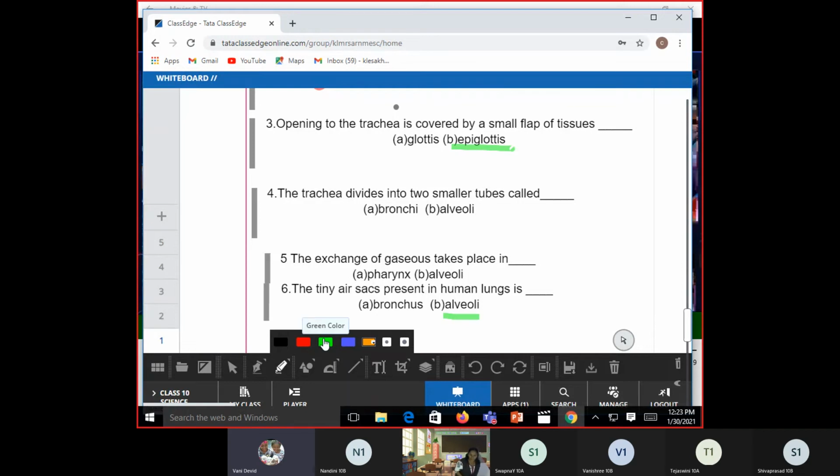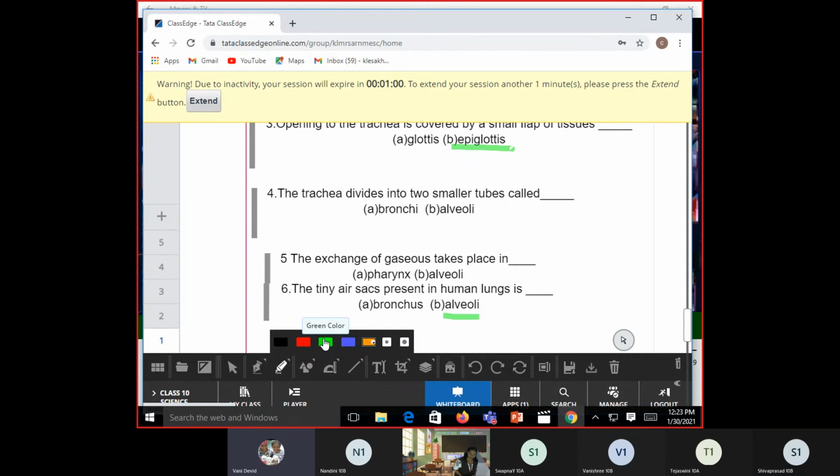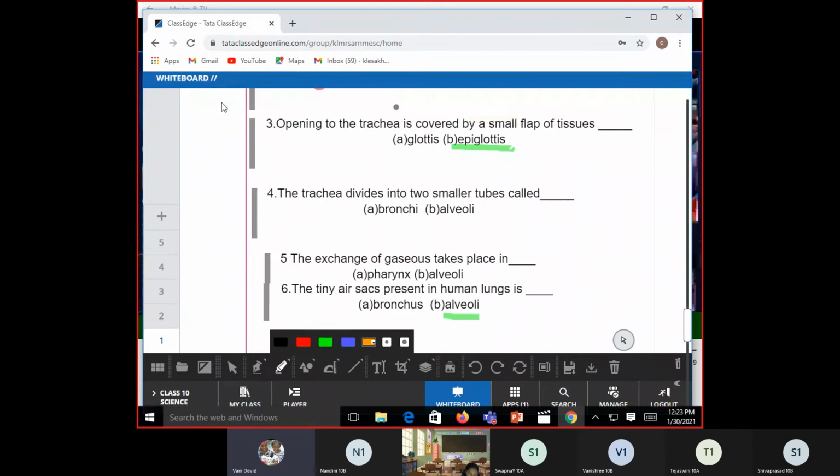Fourth question. The trachea divides into two smaller lobes called. Option A. Bronchi. Yes, bronchi. Good. Next question.